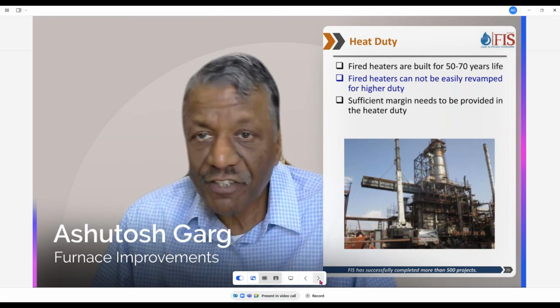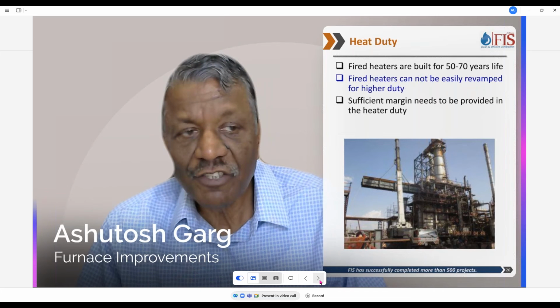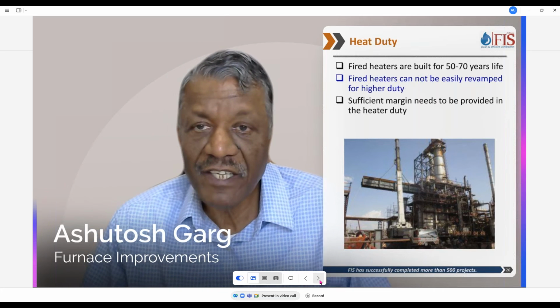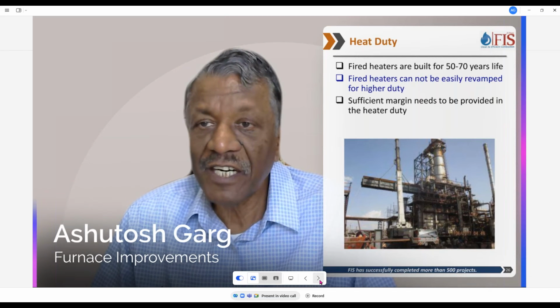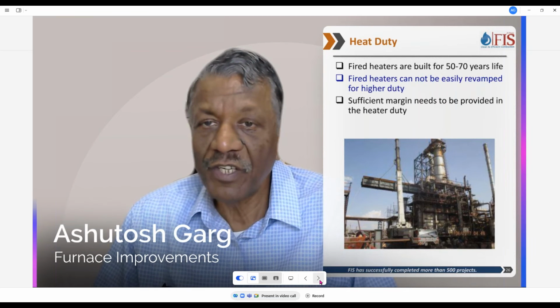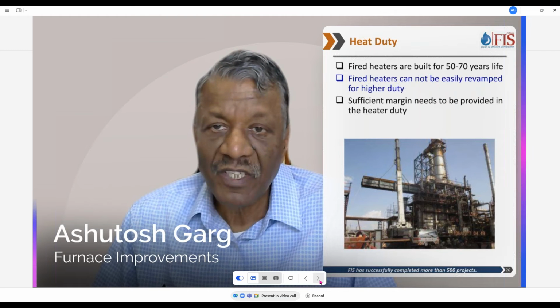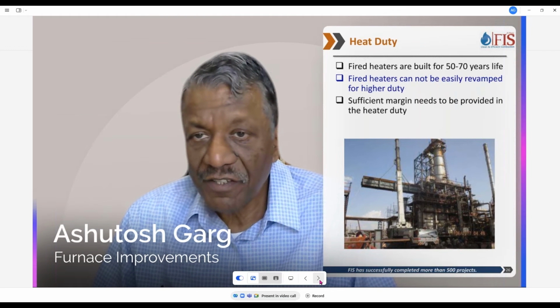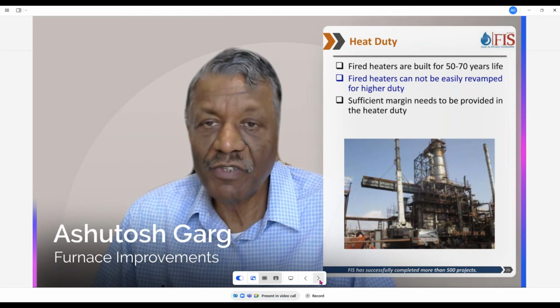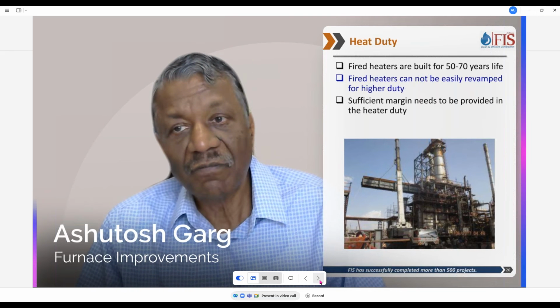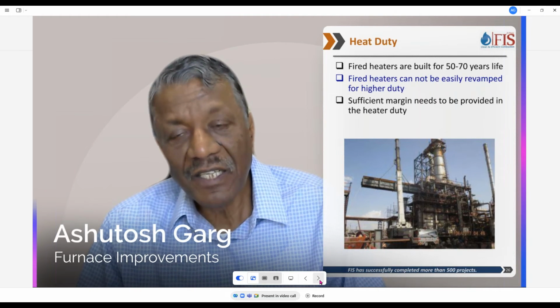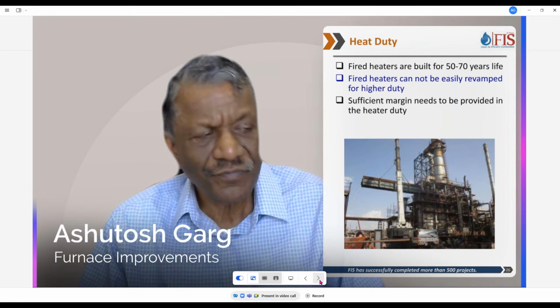However, in practice, most of these heat exchangers fail to perform due to fouling and other issues. And I see inlet temperature starts taking a beating, leading to an increase in heater duty. It is a very common occurrence in the US. Very seldom will we see a crude or vacuum heater operating at inlet temperature close to the design.